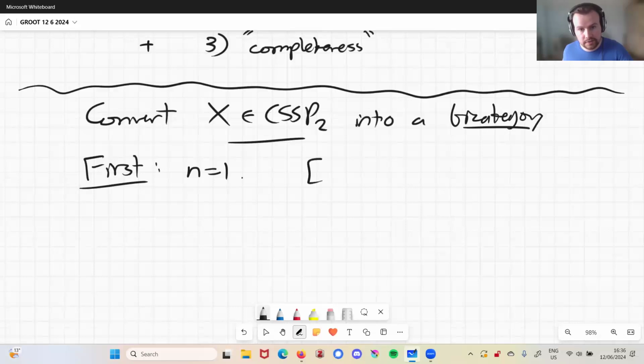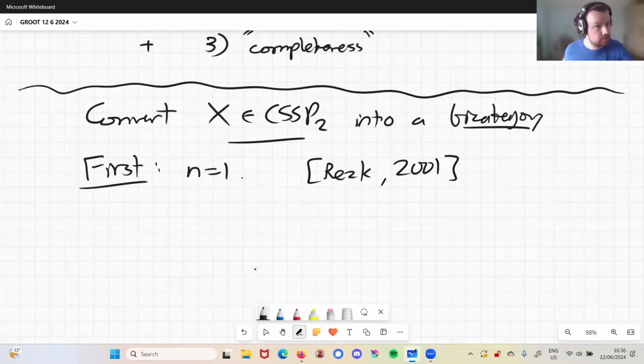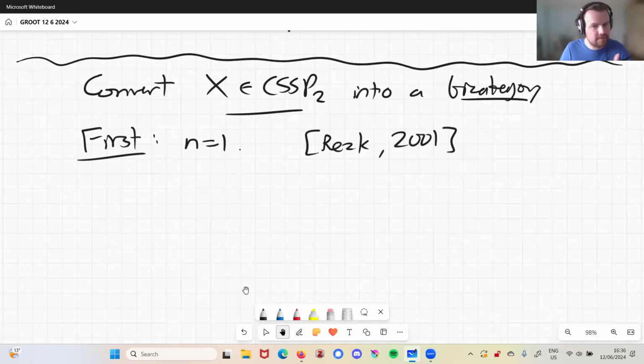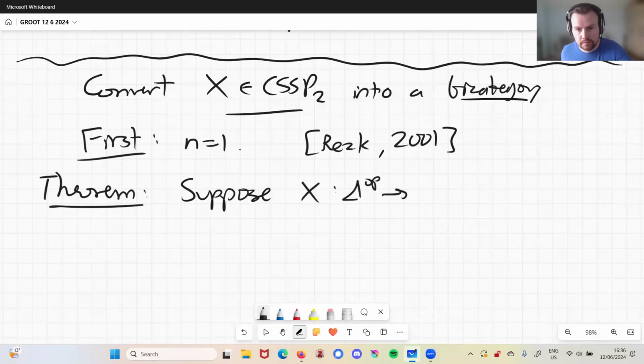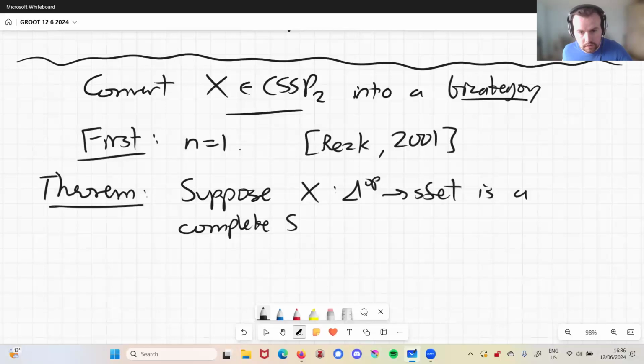And this is classical. This is due to Rezk in his 2001 paper, A Model for the Homotopy Theory of Homotopy Theories, where he introduced complete Segal spaces. So this came with the definition, really. Okay. Theorem. Suppose that we have some complete Segal space, that is to say, an infinity-one category.